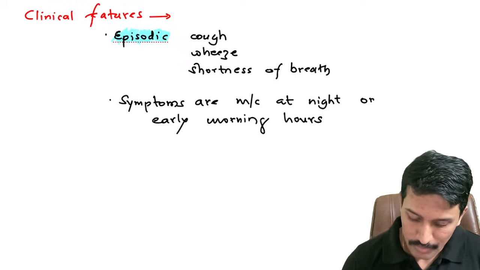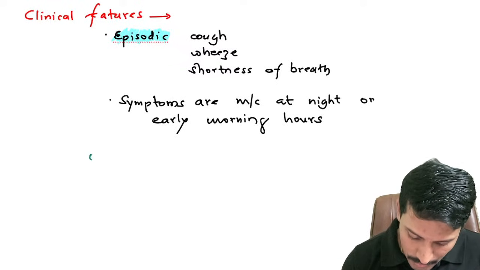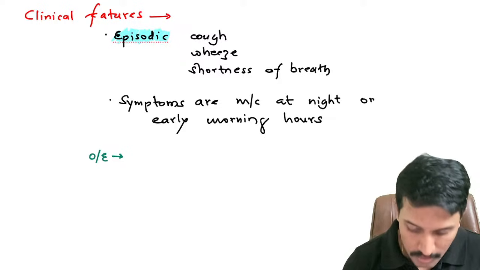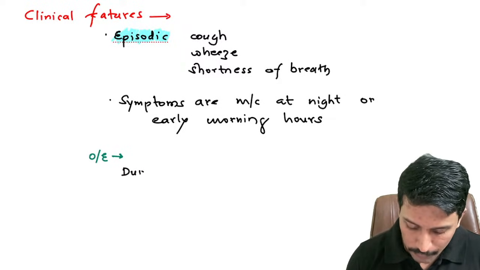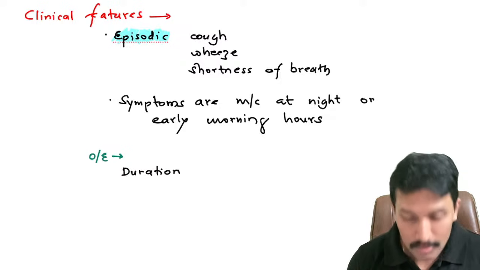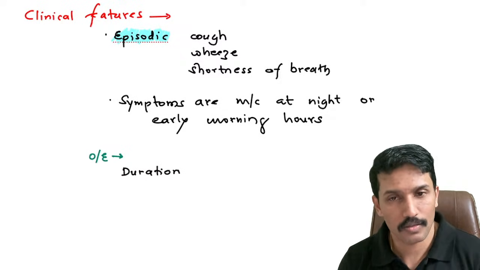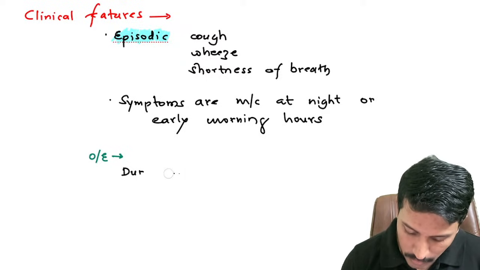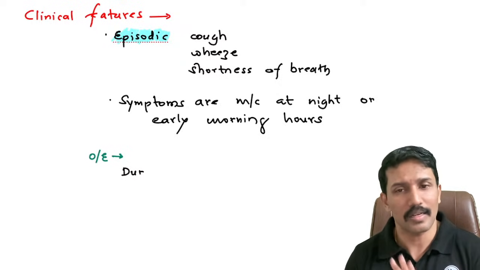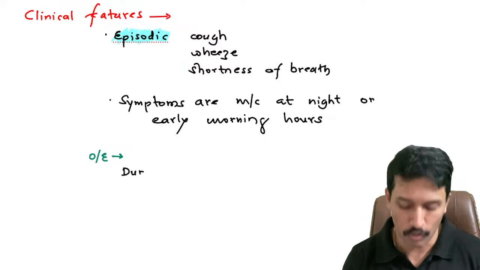Now this is the symptom wise. On examination, what findings can we expect in a patient with asthma? The only findings that we can get on examination are during the episode of asthma attack. If I examine a patient when he is not going through an asthma attack, his lungs may be fully clear and perfectly normal.